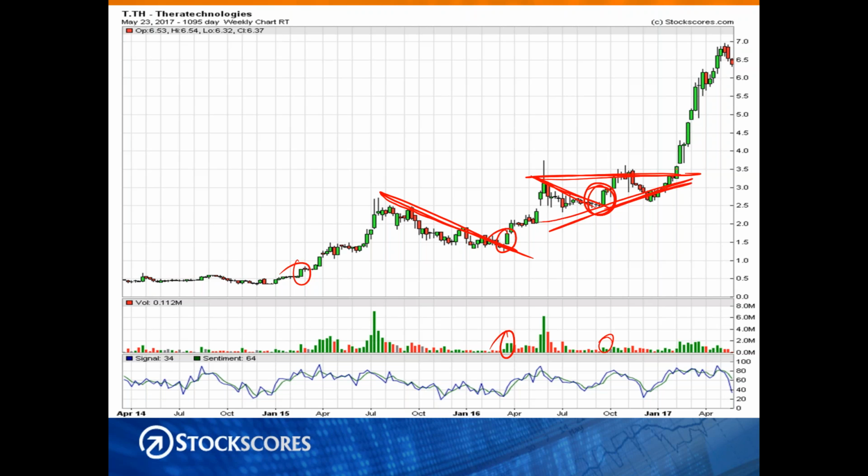This is a pattern called an ascending triangle. And again, volume was strong, signal above 60, sentiment above 80. There. Stock scores weren't quite great there, but we have another strategy where we have a lower standard for the stock score, something called a breaking downtrend strategy.